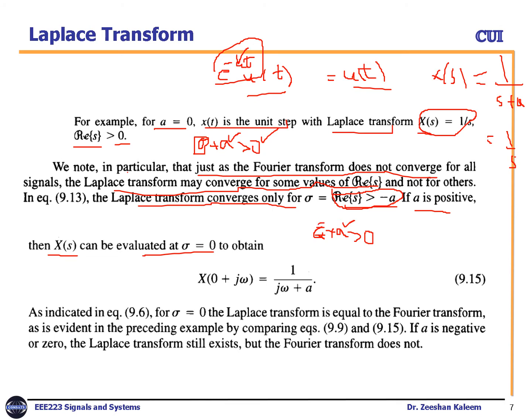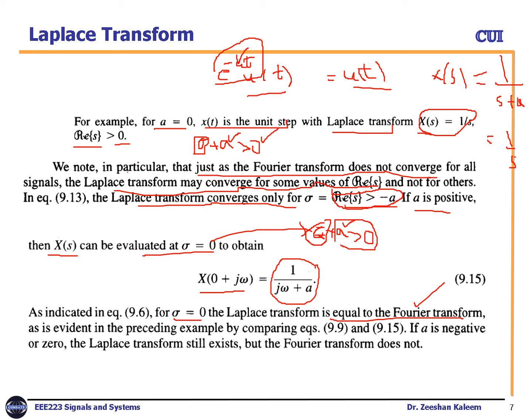To consider a positive, we will take as an example sigma as 0. When you put sigma 0 here, it becomes a greater than 0, right? So a greater than 0 means a positive. What will be the Laplace transform? X of 0 plus j omega is 1 over j omega plus a. So as indicated in the equation, for sigma equal to 0, the Laplace transform is equal to the Fourier transform.